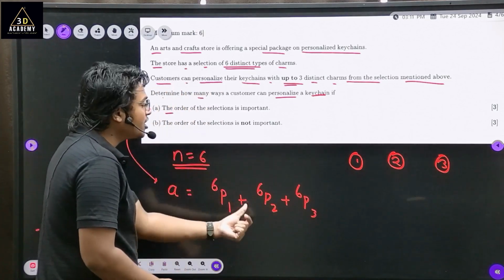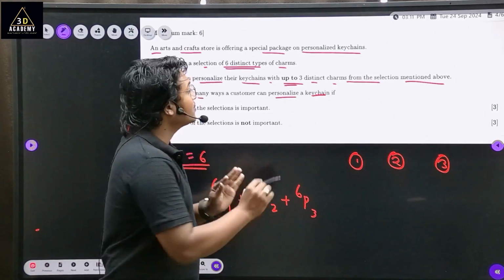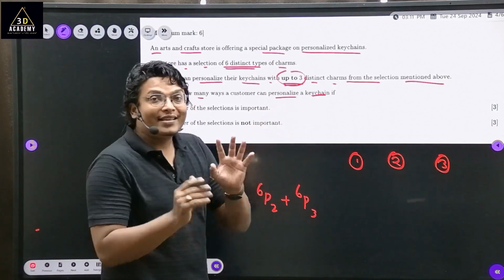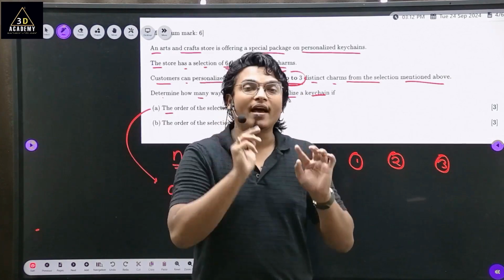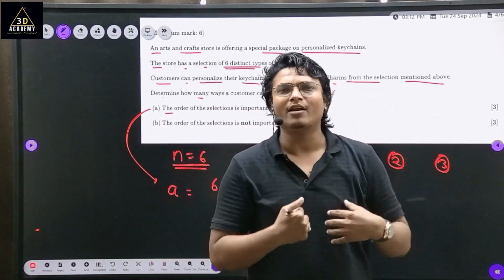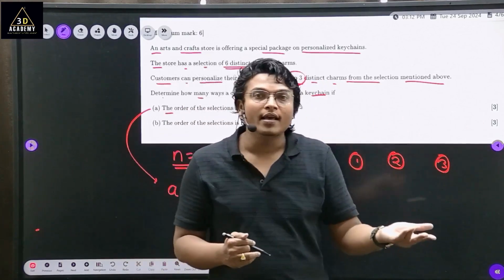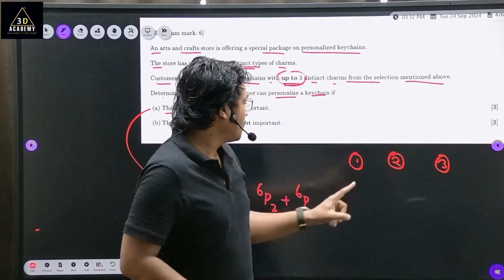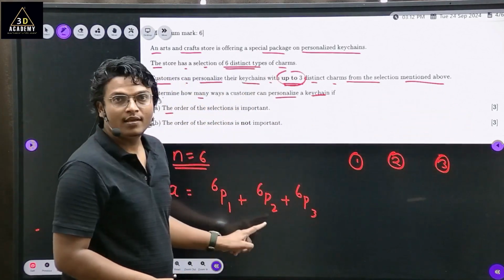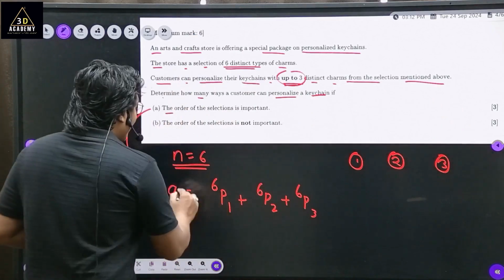Why 6P1, 6P2, 6P3? Because they are saying up to 3. They are not making it compulsory to take 3. It says up to 3. So I can take 1, or I can take 2, or I can take 3. So whenever there comes an or, we add the possibilities. Getting it or not? Okay. This is for the first one.